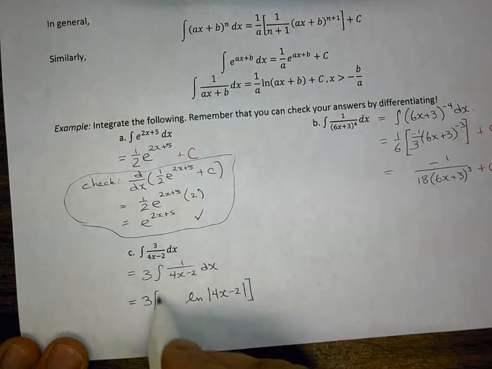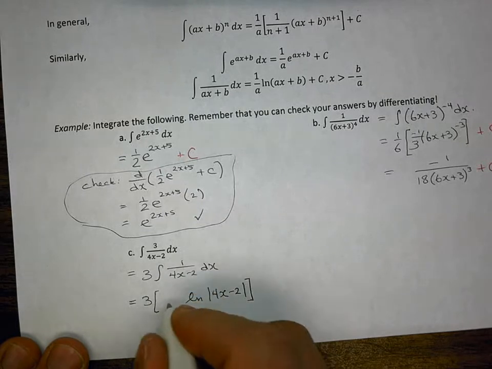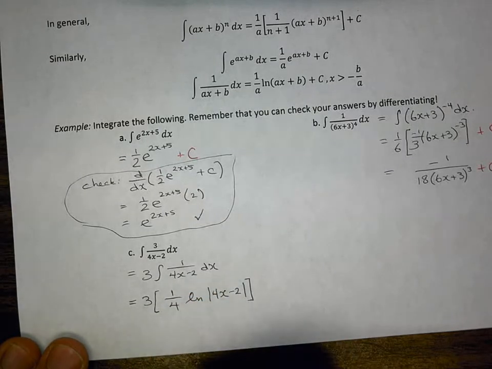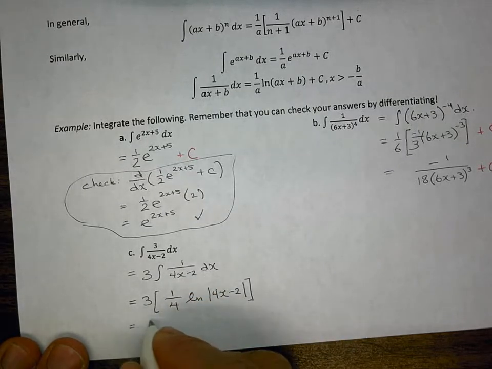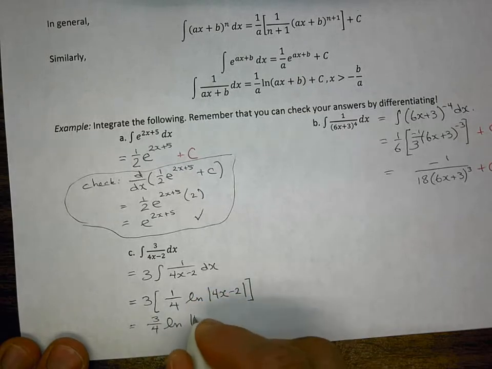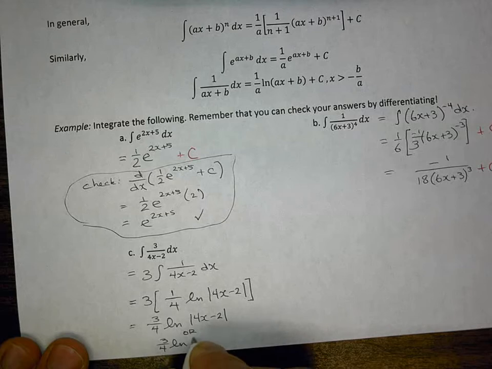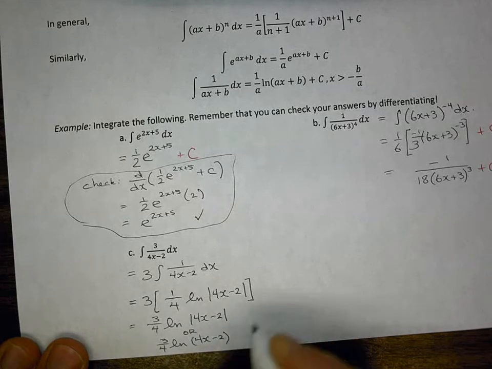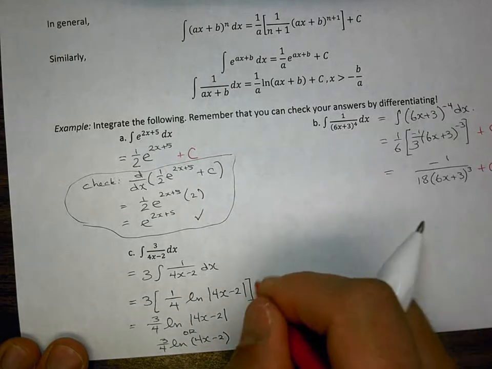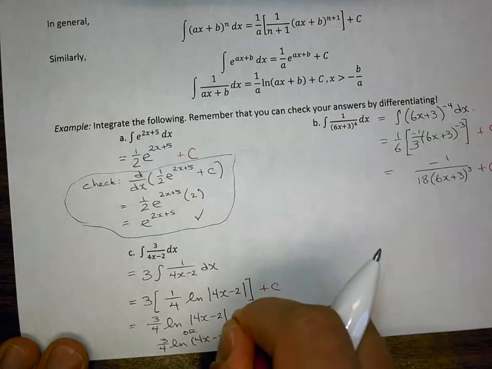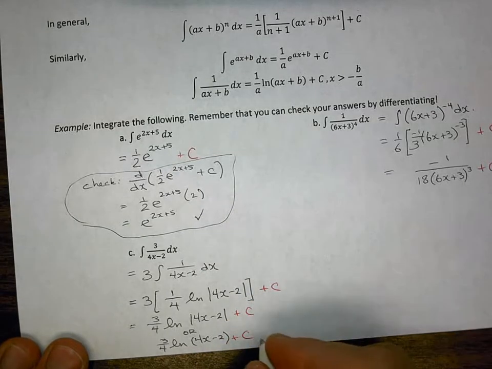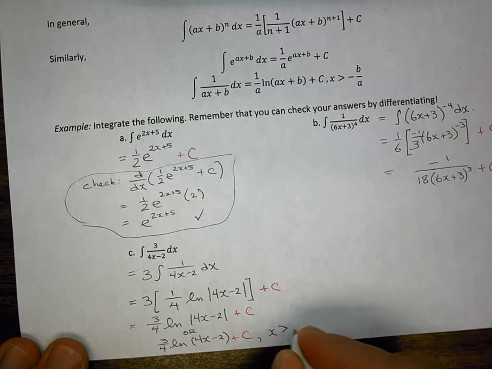And then I need an extra coefficient in front to undo the 4, that's 1/4. So my answer becomes 3 over 4 ln absolute value 4x minus 2, or 3 over 4 ln 4x minus 2. Oh, sorry, I'm forgetting the plus c's. Where x is greater than 2 over 4.